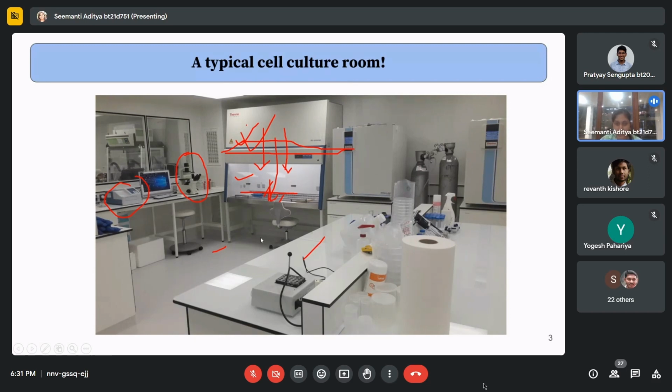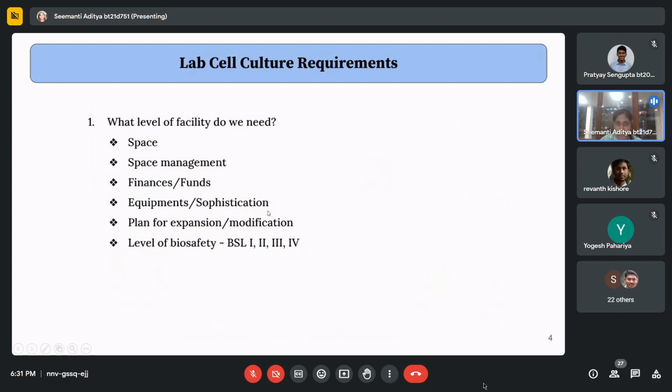The space management has to be very proper, so that no instrument is blocking the exit or entry pathway, and no instrument has too much free space in between. Incubators, hood, carbon dioxide cylinders and liquid nitrogen vessels all have to be in a particular order, so that there is no space blockage or misuse of the space.